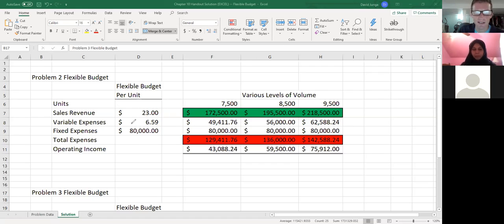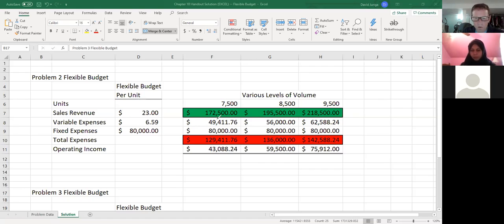I left it as is. So you'll notice that it says 49,411 and 76 cents. You would get something pretty close to that. So in case you get confused about some of these numbers, don't panic about the rounding. Just make sure you understand the concept.